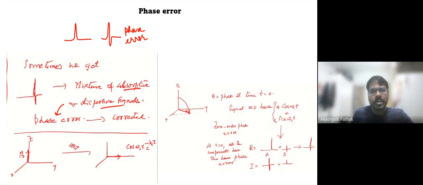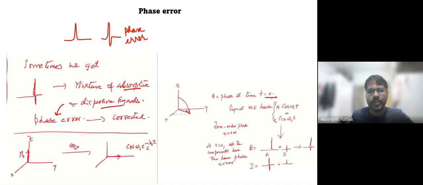Okay, so why does this happen? Why do we get a mixture of these two signals when we are applying a particular pulse? What happens is that the radio frequency pulse has to be applied at time t equal to 0.